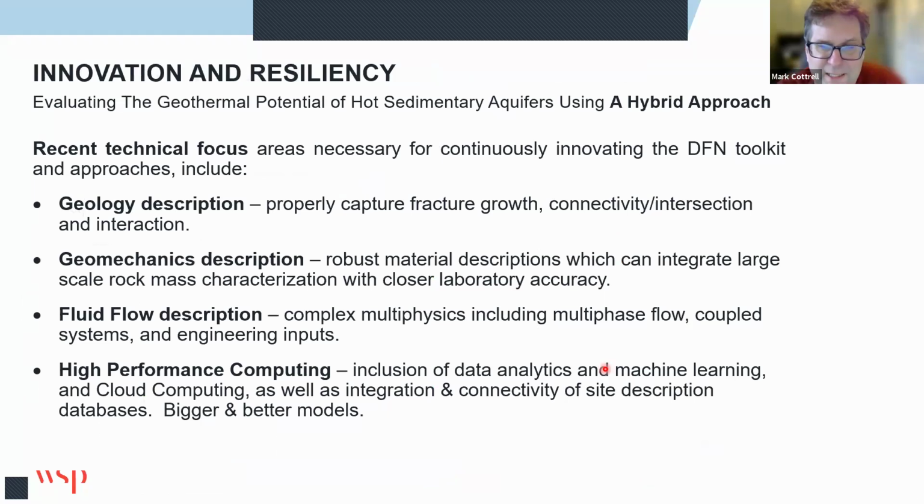innovation and resiliency. If we think about the key areas where the DFN method has evolved in terms of better describing the deep subsurface, the geological description is a key one. One of the key areas that really springs to mind that is quite novel, and as it happens, really important for describing flow in the subsurface, is the intersection and connectivity of natural fractures.